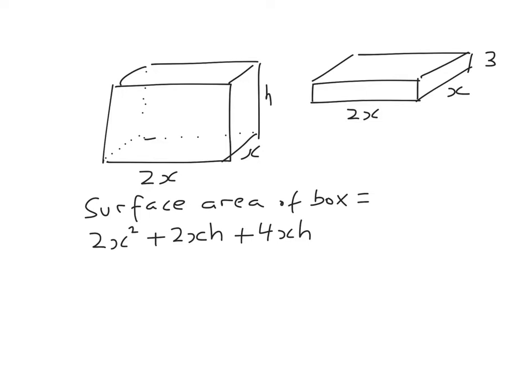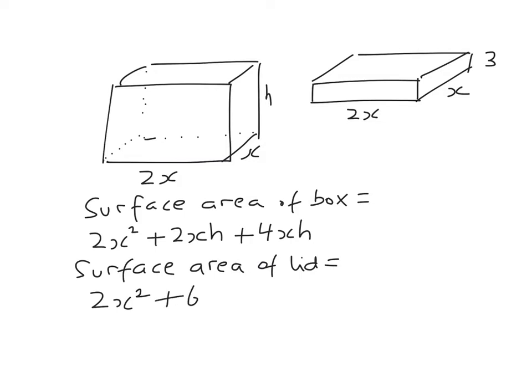So what about the surface area of the lid? The top has area 2x times x. The two sides here and here have area x times 3, so that's 3x plus 3x, so that's 6x.